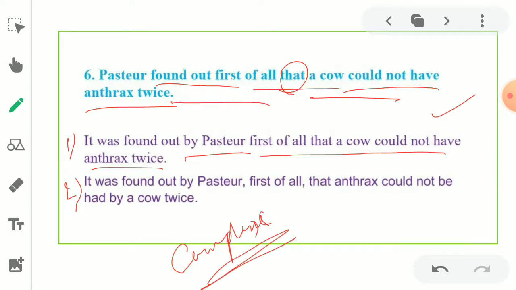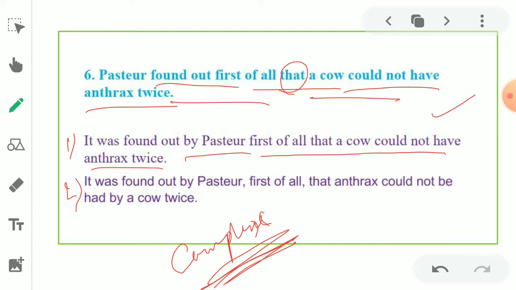What do you mean by a complex sentence? A sentence which has one main clause and one or two subordinate clauses, combined by a conjunction, a subordinating conjunction, is known as a complex sentence.